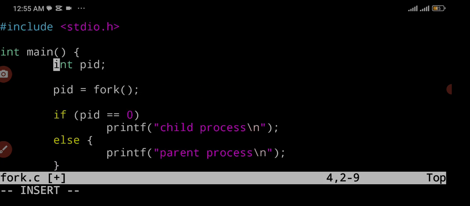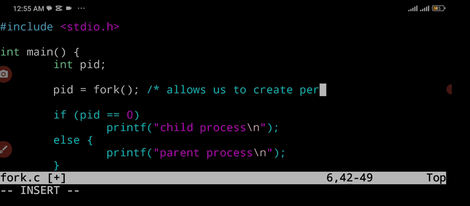Okay, so let me explain one more time. We create an integer pid, which is named process ID, and we assign it the system call fork. The fork function allows us to create processes.